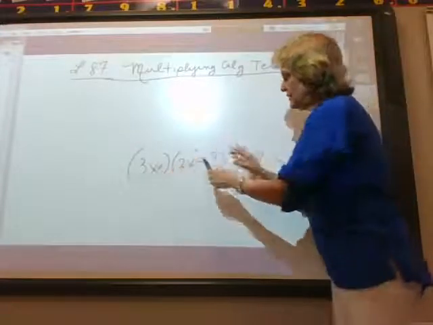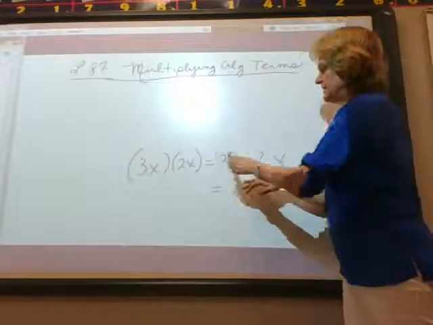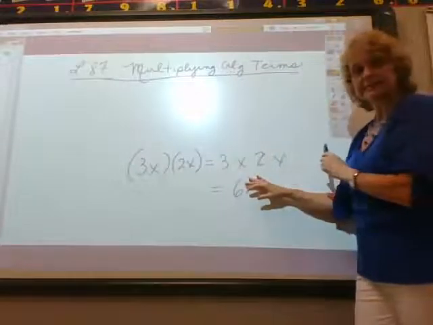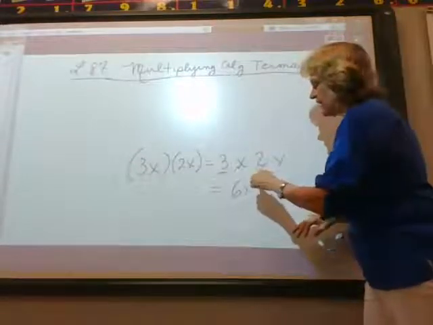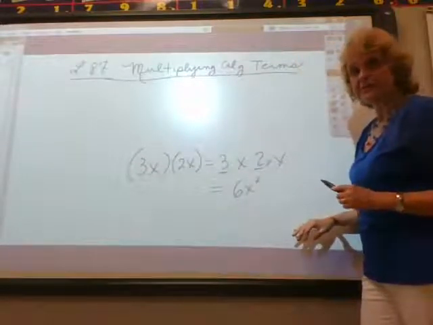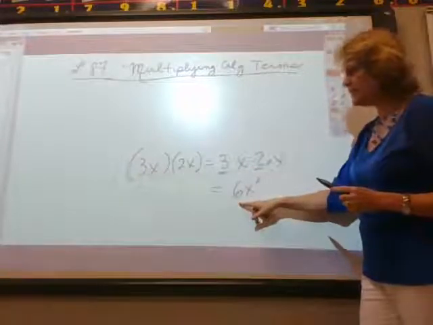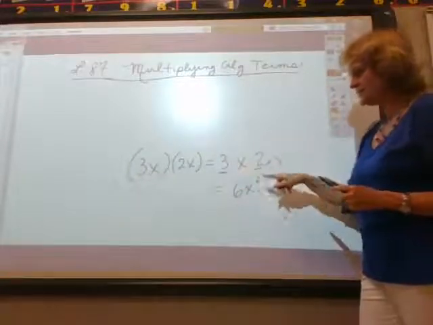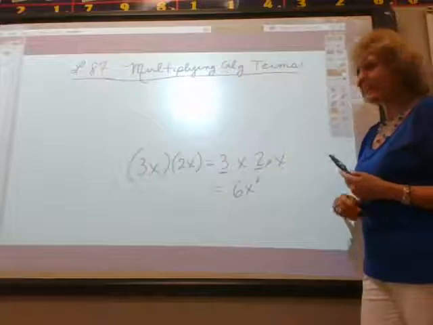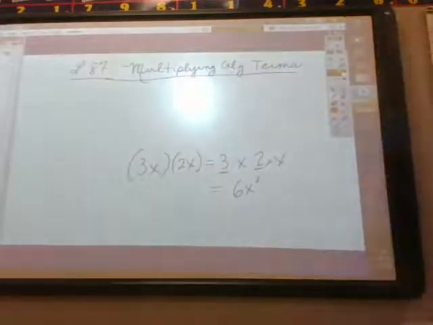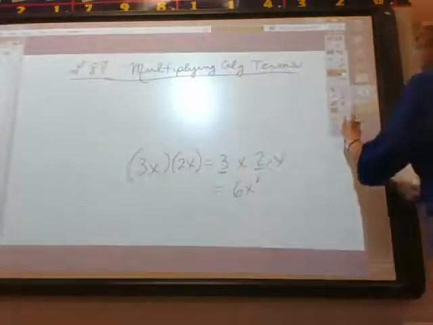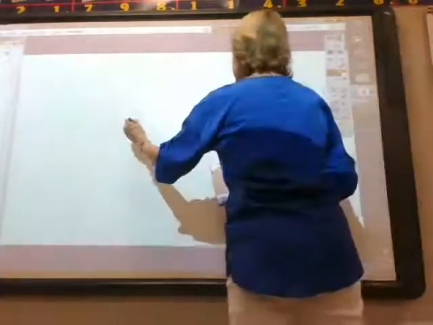So what you have here is 3 times x times 2 times x. So you multiply the numerical part, the coefficients. 3 times 2 is 6, and x times x is x squared. Okay? So pretty simple. Let's do some examples and see if we really got this.